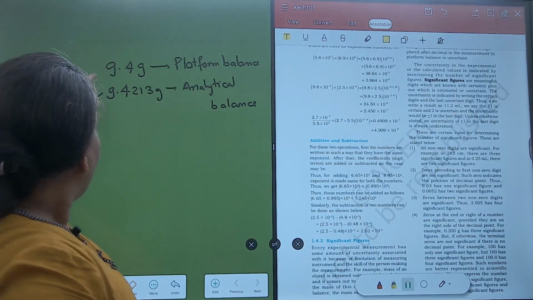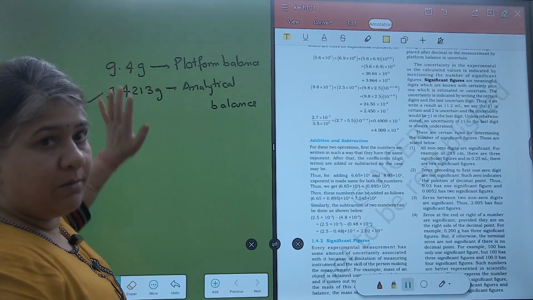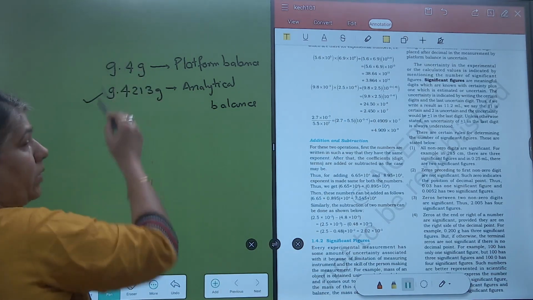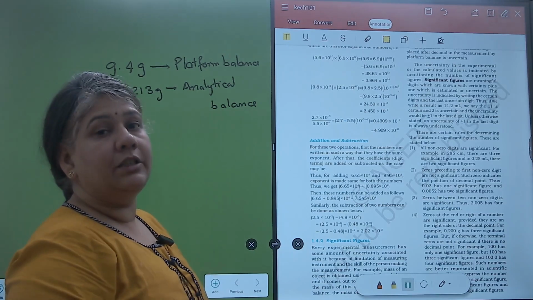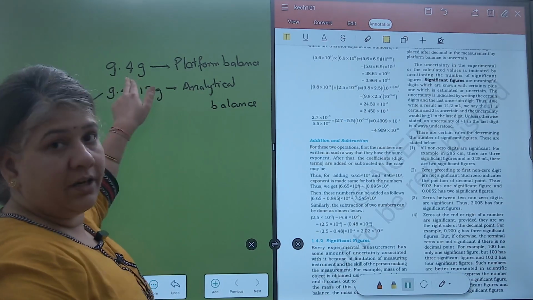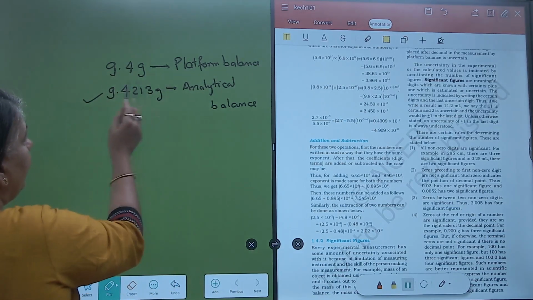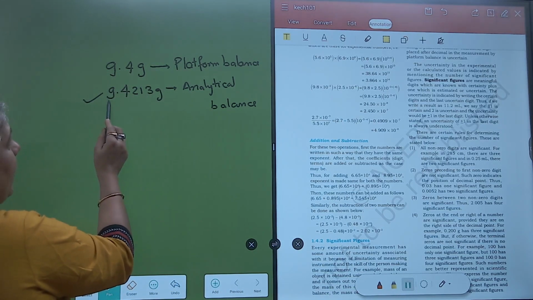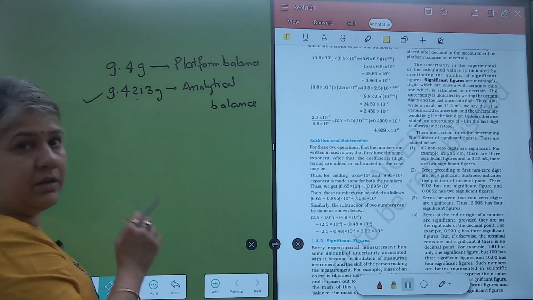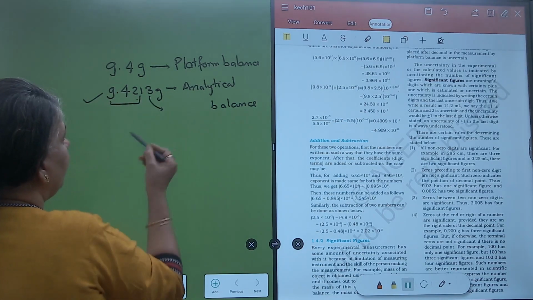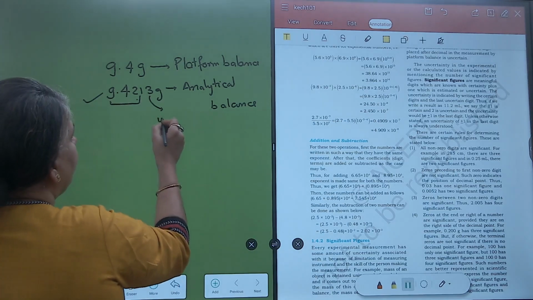If we take the first value 9.4, here 9 is certain but the 4 after the decimal is uncertain, so the last digit of the value is uncertain. Similarly, in 9.4213, the digits 9.421 are certain and the last digit, 3, is uncertain.